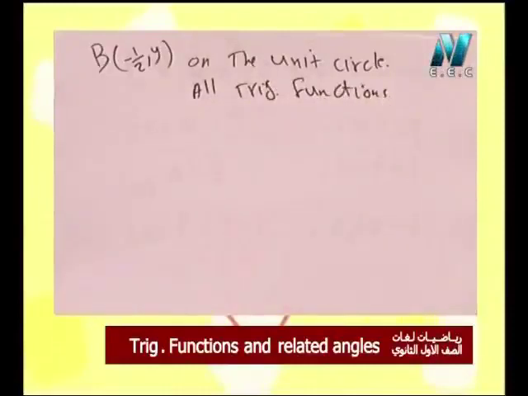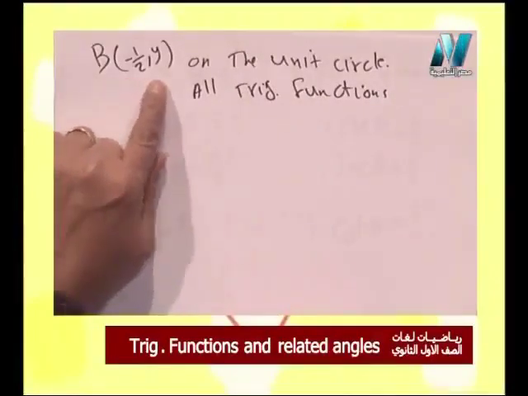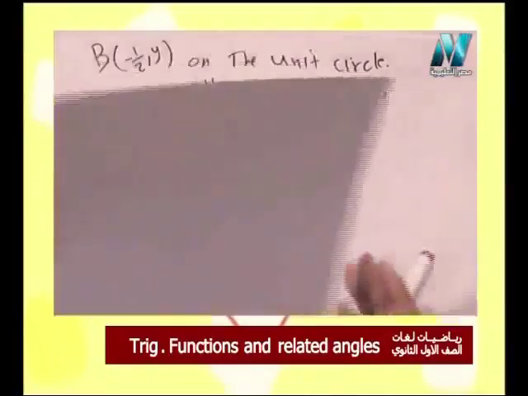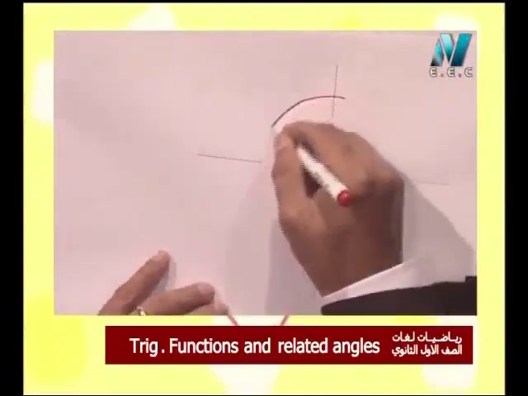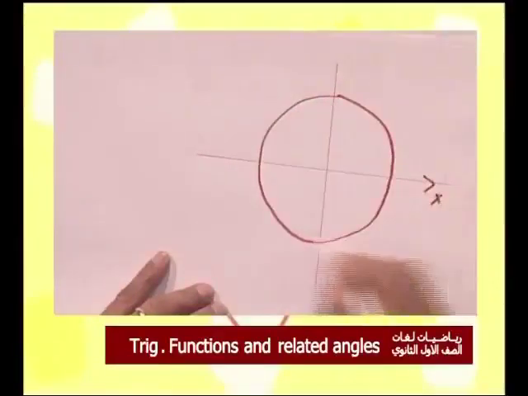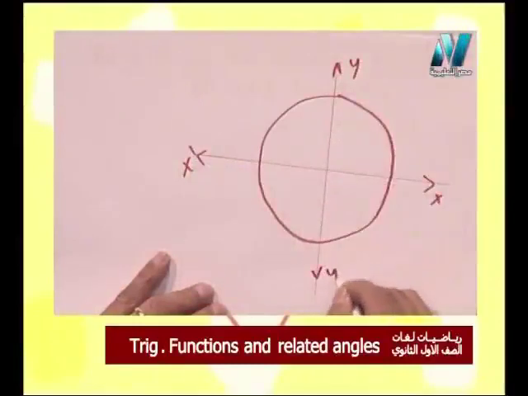So let's go to this one, but we have y here. But it's very important to study the unit circle again. This is the unit circle. Look carefully. We have here the x-axis, x dash, y and y dash.